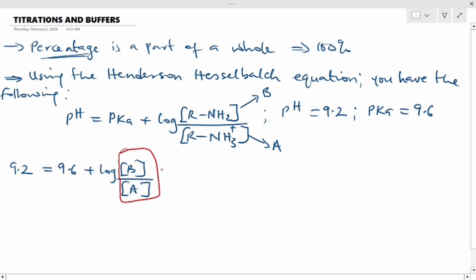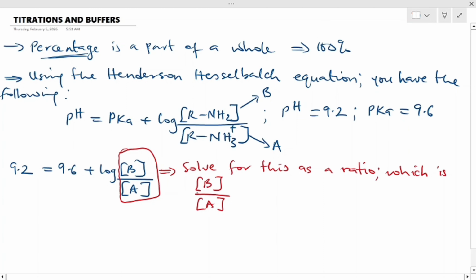So you're going to solve for this as a ratio, which is the concentration of the base over the concentration of the acid.